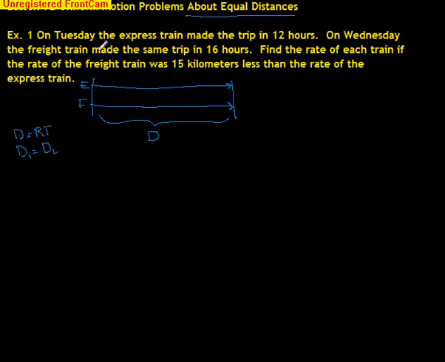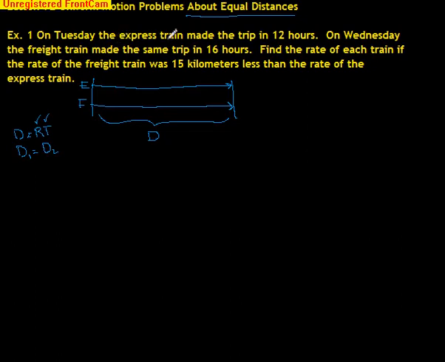So here we go. Let's write down the things that we know. First of all, you always draw this diagram. I don't care how silly you think it is, draw the diagram. And then we know the distances are equal, but we need to know the rate and the time in order to find the rate or the time.